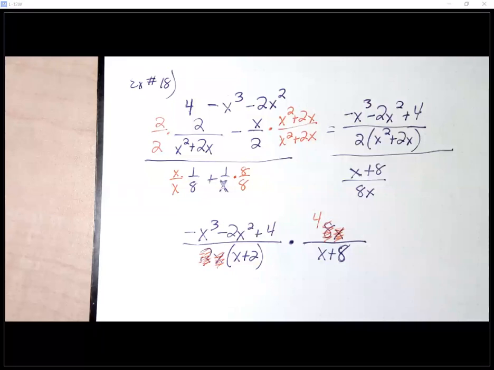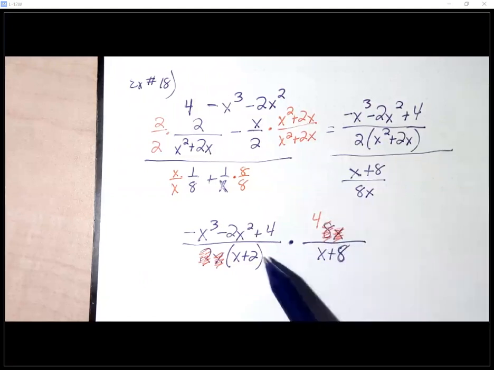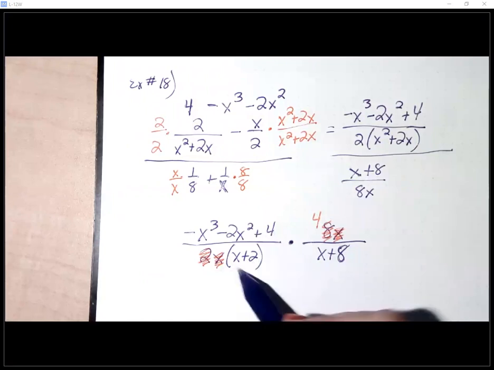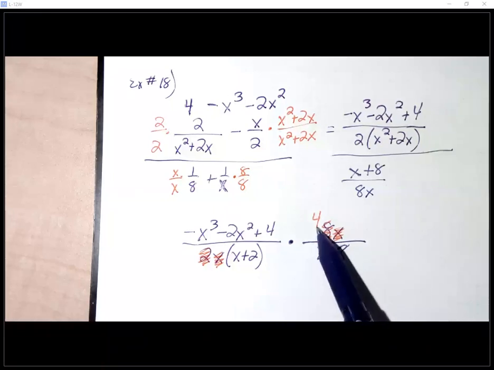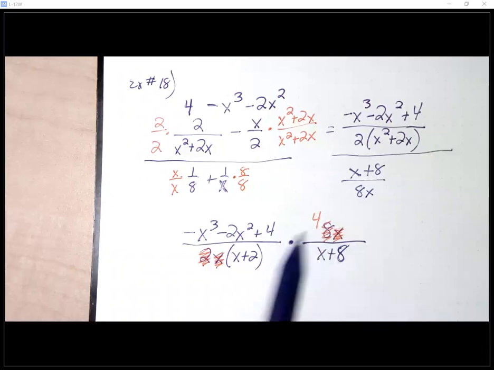You want to cancel the 4 and the 8? The 4 that I'm pointing to right here, with the 8 on the side?